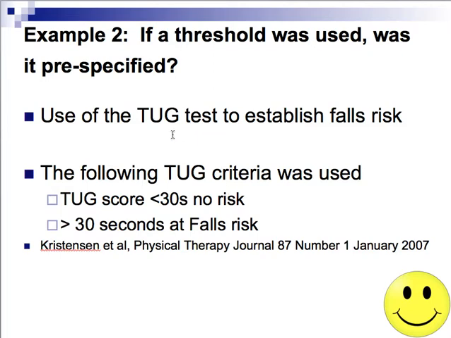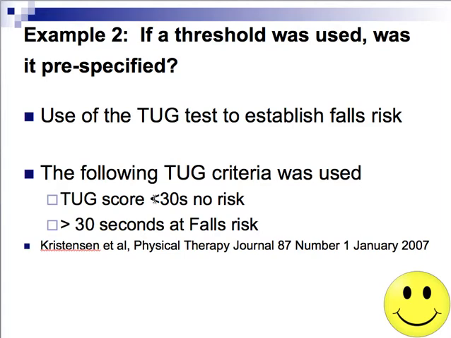And we have this next question that has to do with, if a threshold was used, was it pre-specified? So oftentimes, in order to categorize somebody as diseased or not diseased, you use some type of threshold. For example, if we're going to classify people as at risk for falls or not at risk for falls, we might use the timed up and go test. With the timed up and go test, we have several options for categorizing, because we basically use a stopwatch.